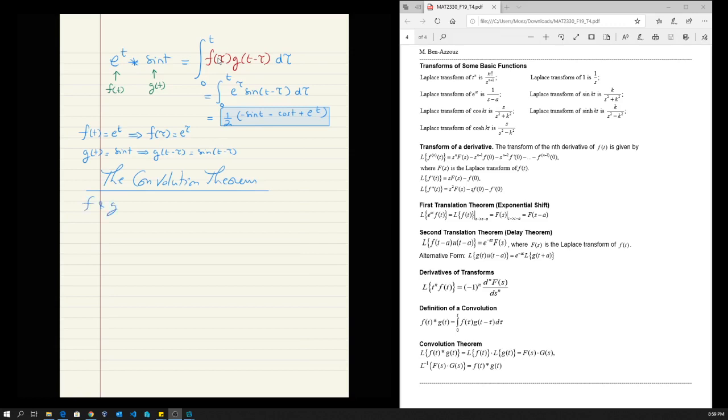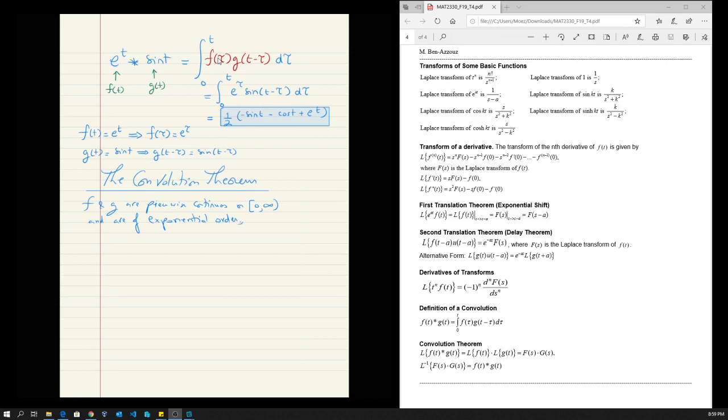They don't have to have the same exponential order, so they just have to be bounded by some kind of exponential, each one of them.